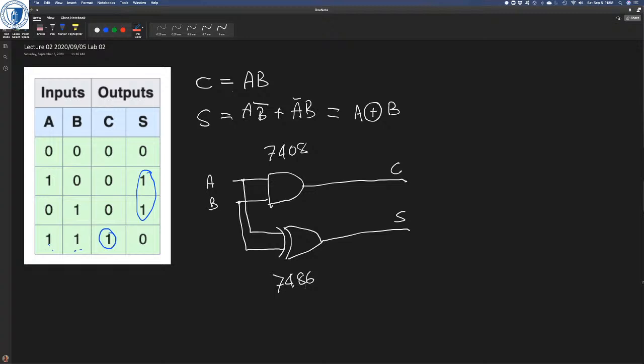Okay, LS is low power Schottky, and I probably spell it incorrectly. L and S. Does it matter if it's the D or the N? It shouldn't matter, no.